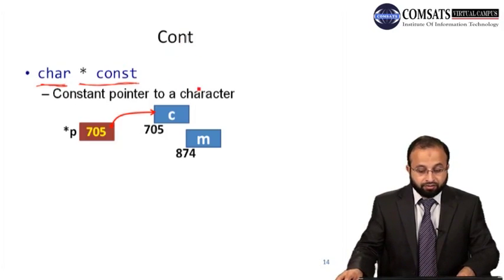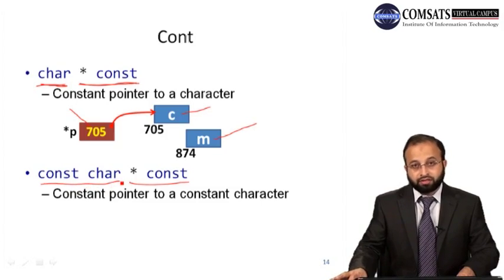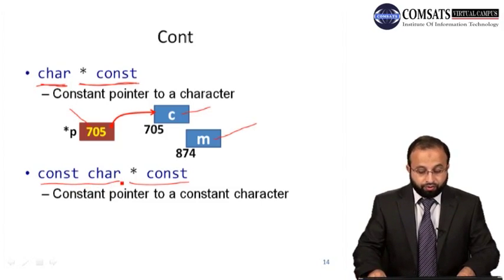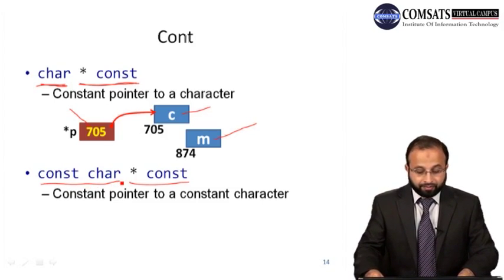Now in this case, you see the character is not constant, but the pointer is constant, right? Now the last case is const character star const. Now the pointer is constant and it is pointing to a memory location where the characters are stored, and these characters are also constant. So a constant pointer to a constant character, right?